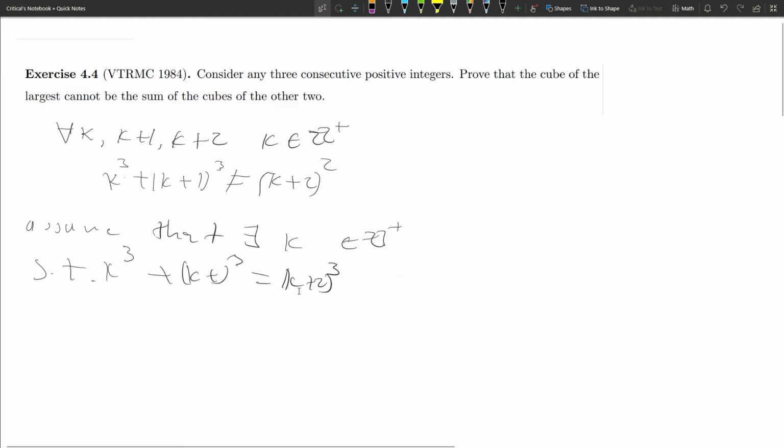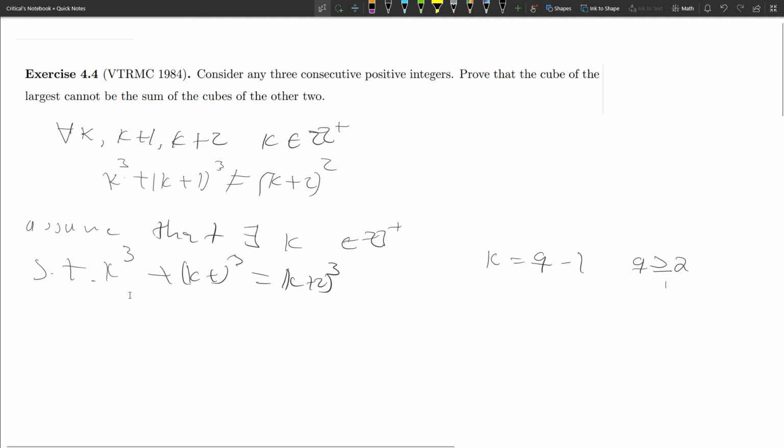I really don't want to deal with (k plus 2) cubed, so I'm just going to rewrite k as q minus 1, and this will save me some calculations. Then q has to be strictly bigger than 1, so q is greater than or equal to 2.